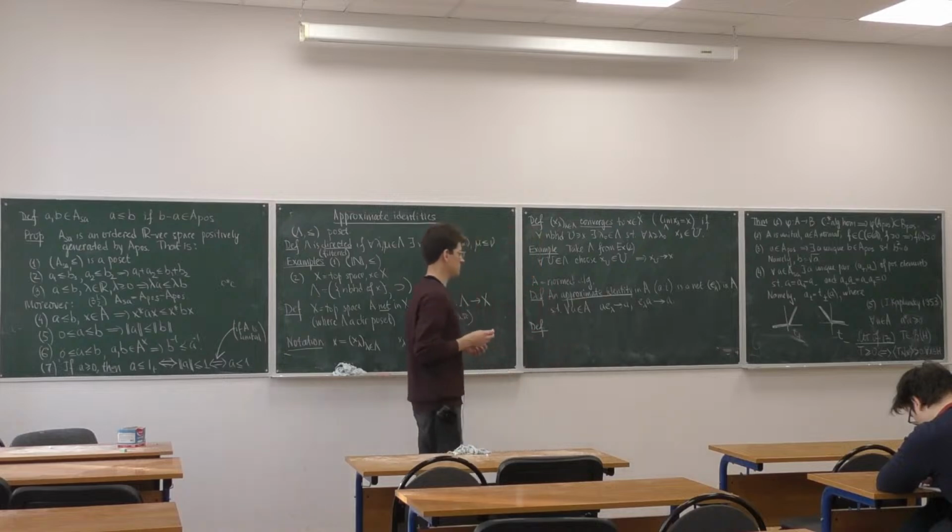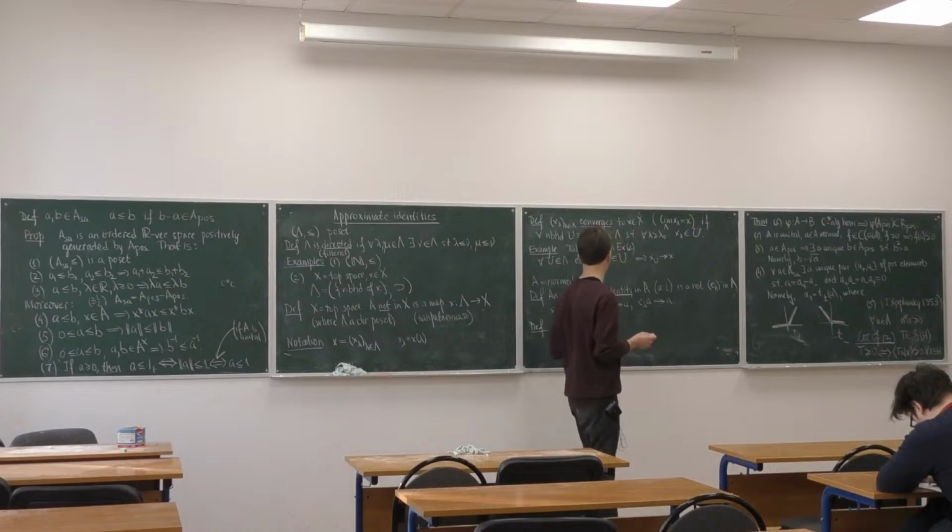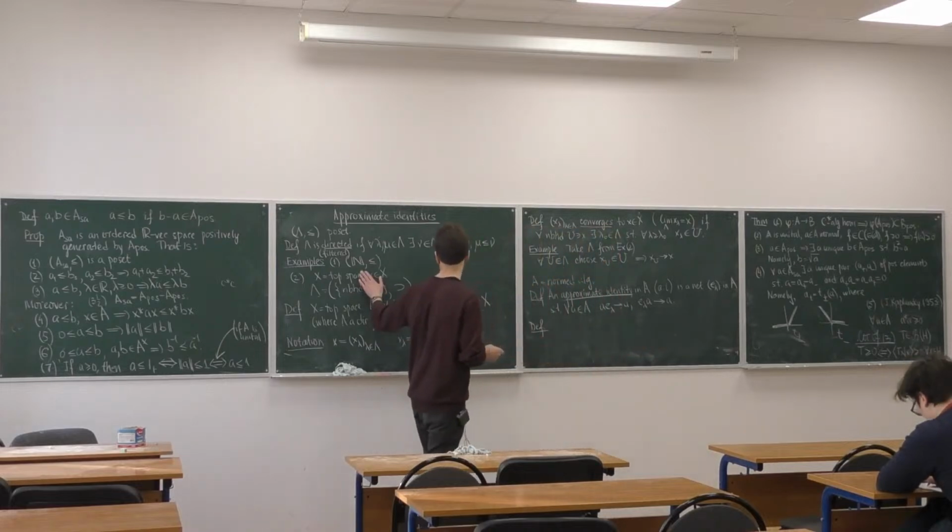We say that our approximate identity is sequential if lambda is just the set of natural numbers with the standard order.